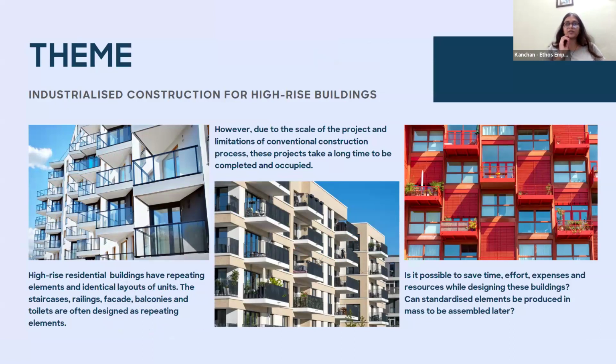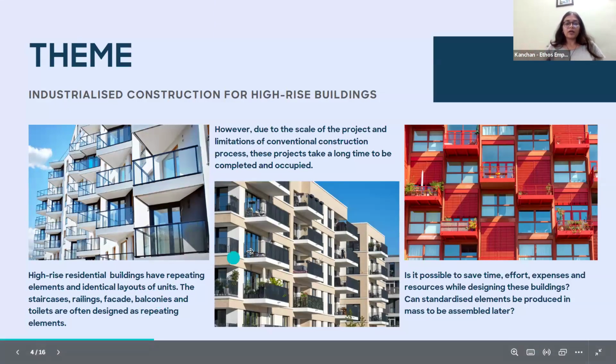These are the repeating elements because often in the design of a multi-storied residential building, you'll design it as a repetition of the same layout of a unit stacked on top of each other or arranged next to each other, correct? But due to the scale of the project and limitations of conventional construction process, these projects will take up a long time to be completed and occupied.